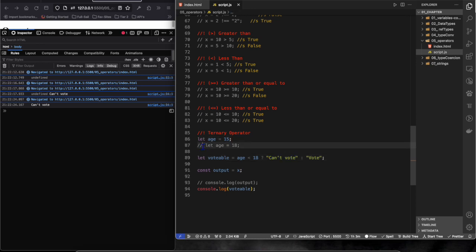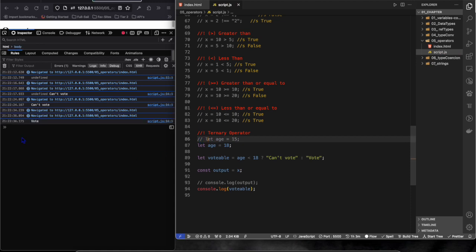But if your age is 18, you can vote. In the ternary, we're comparing age with a number, which is 18. This is your no side, this is your yes side. The wrong answer comes first, right answer comes second. So we'd have question mark, wrong answer, 2 dots, right answer.